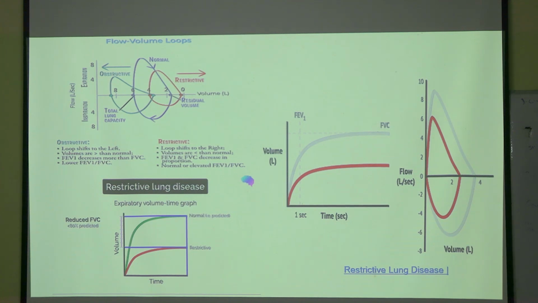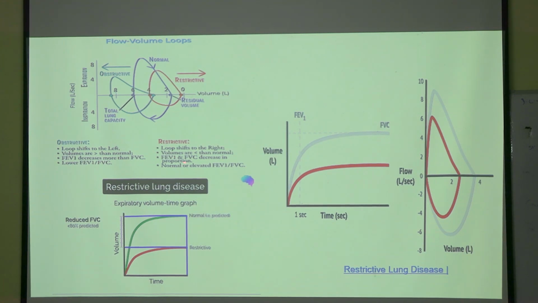right? The same things can be explained using the flow-volume loop. So, what are the most important features of this type of restrictive disorder? The ratio is almost the same, or in some cases you may find it a little bit higher than normal. You can see the most important features. The loop shifts to the right side. This is what you can see from here: there is a shift of the loop towards the right side of the normal curve.